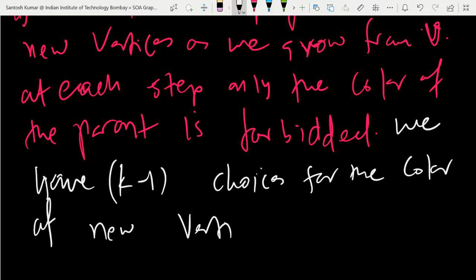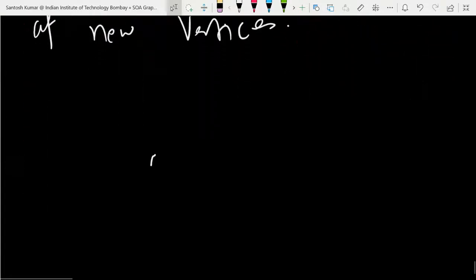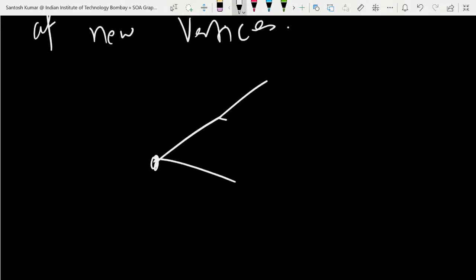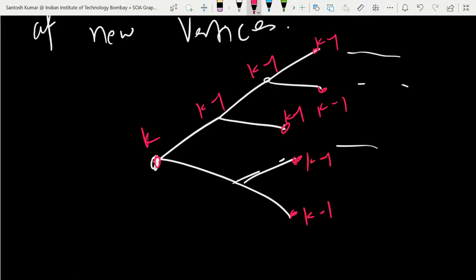Okay, so for all the new vertices, like n minus 1 new vertices, you have k minus 1 choices. And that's why, if you have a tree like that, n is not fixed, so we will not restrict. This has k choices, this has k minus 1, k minus 1, k minus 1, and so on.